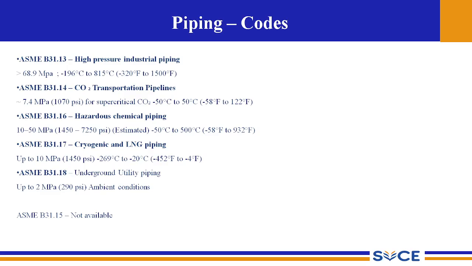Then underground utility piping, ASME B31.18, here up to 2 megapascals and ambient conditions needs to be followed. Then ASME B31.15 standard is not available.